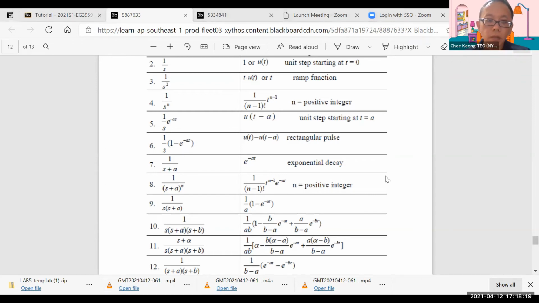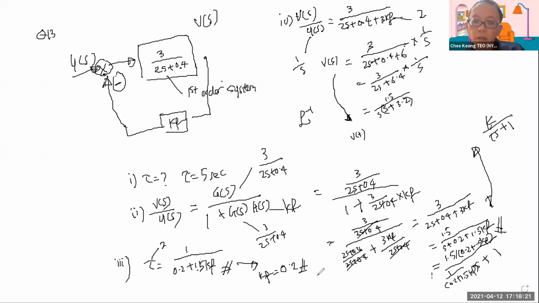If I take this and do the Laplace inverse, then v(t) should be 1.5, taking out the constant 1.5, multiplied by the equation that we saw just now.